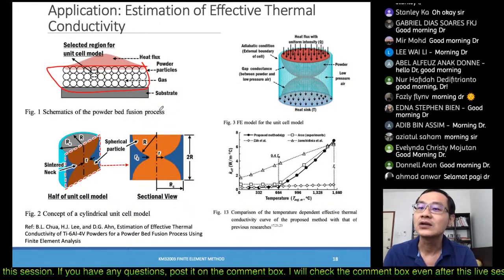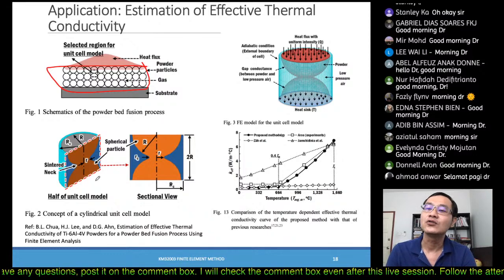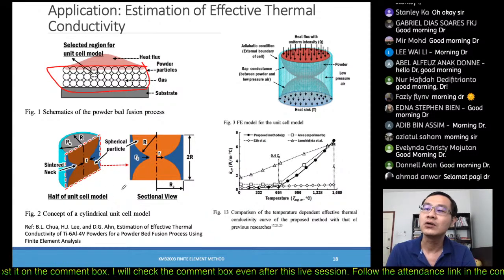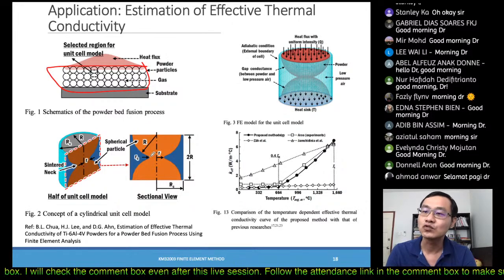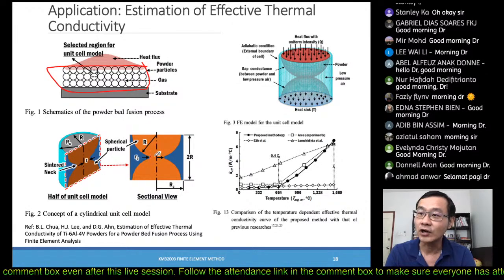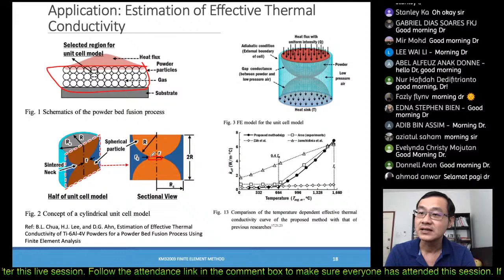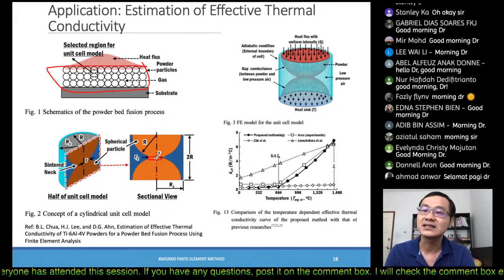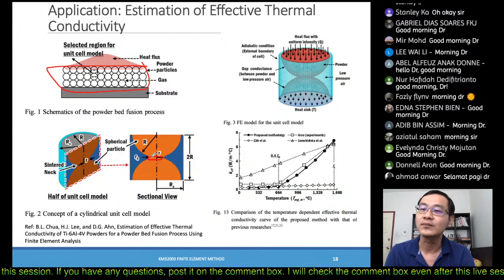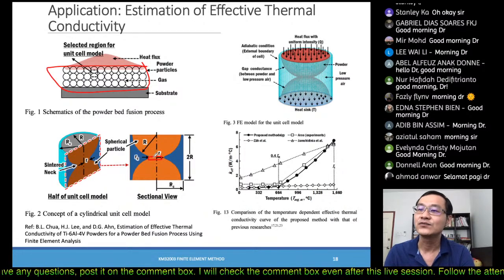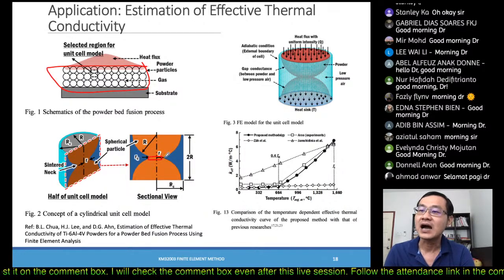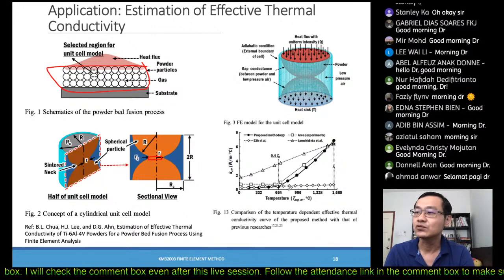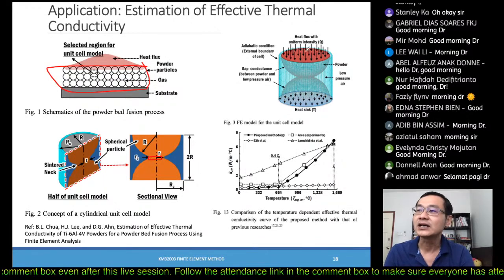What we can do is generate a unit cell model and model how the particles are connected, because when the temperature of the powder increases, they start to melt and sinter and join together to form what we call a neck. From here we would see how this neck changes and what the thermal conductivity would be.